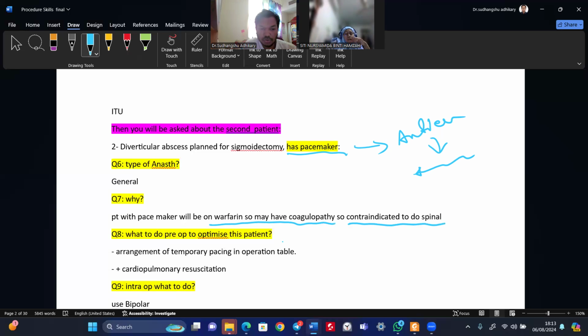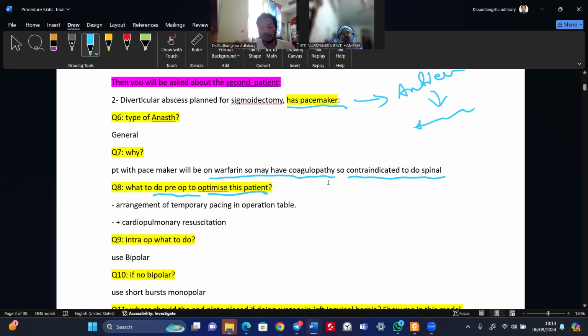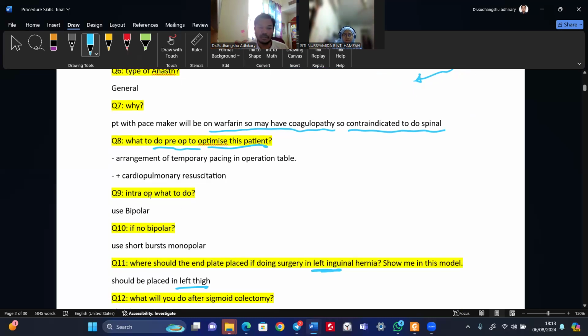So what to do pre-op to optimize this patient? Because the patient has a pacemaker, two things: arrangement of temporary pacing on the operating table, and cardiopulmonary resuscitation equipment should be available in the OT. Intraoperatively, what to do? Use only bipolar.